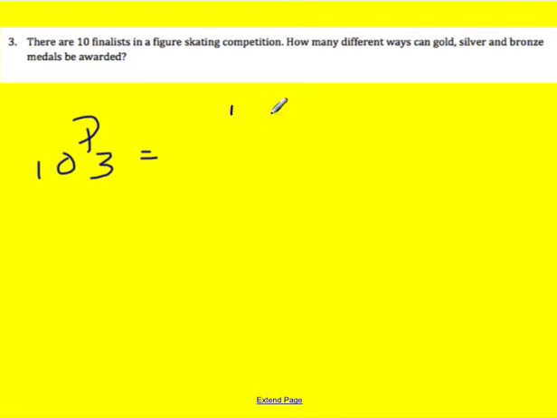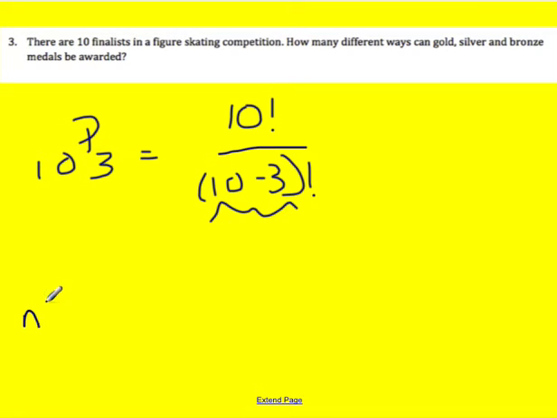Up top, we have 10 factorial. And on the bottom, we're going to have 10 minus 3 factorial. Notice that for the formula for permutations, you're taking the difference of the two. If you want that for your cheat sheet, this is what it's going to look like. Oops, I don't want 10 factorial, I want n factorial. And there's the formula for permutation.